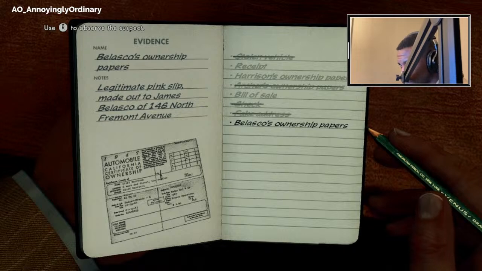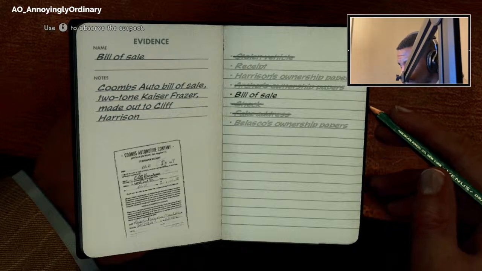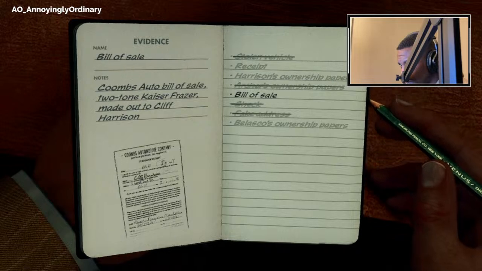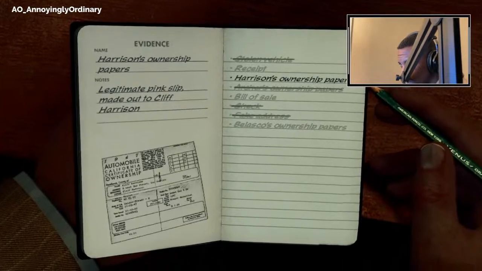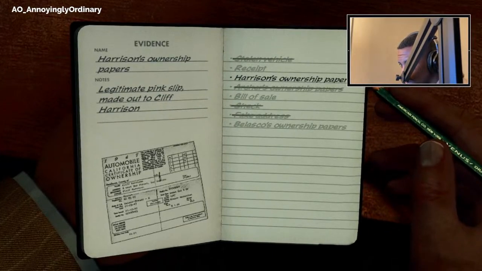So, legitimate pink slip. Okay. Harrison's ownership papers. Legitimate pink slip.